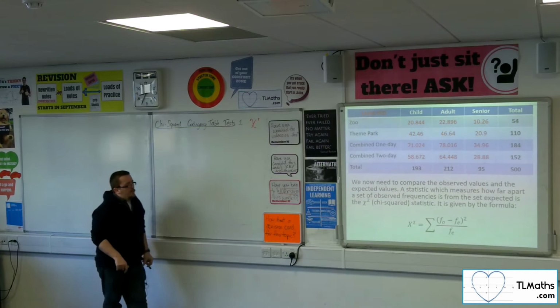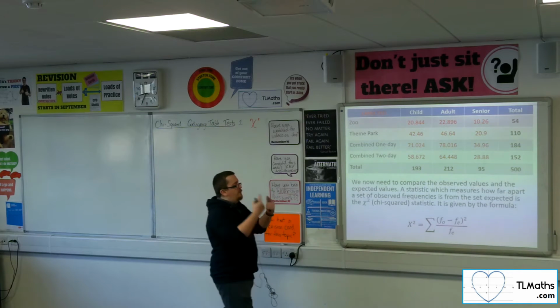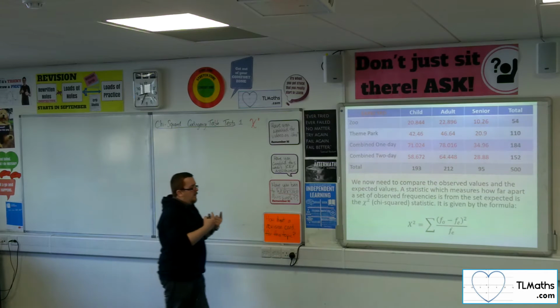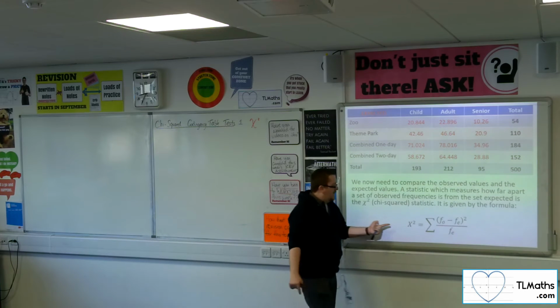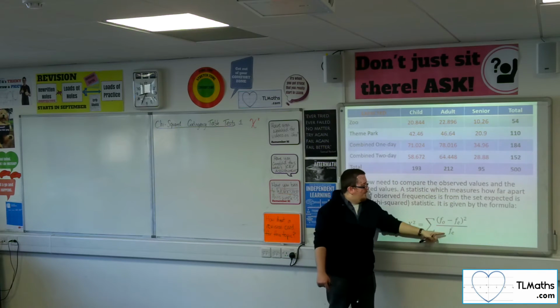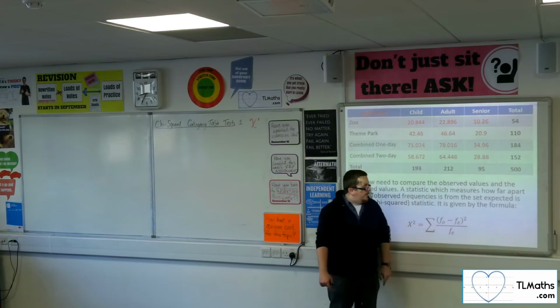Now this is used to look at the difference between the observed and expected scores. And the Chi-Squared Statistic is the sum of these, where these are the observed frequencies, the expected frequencies.